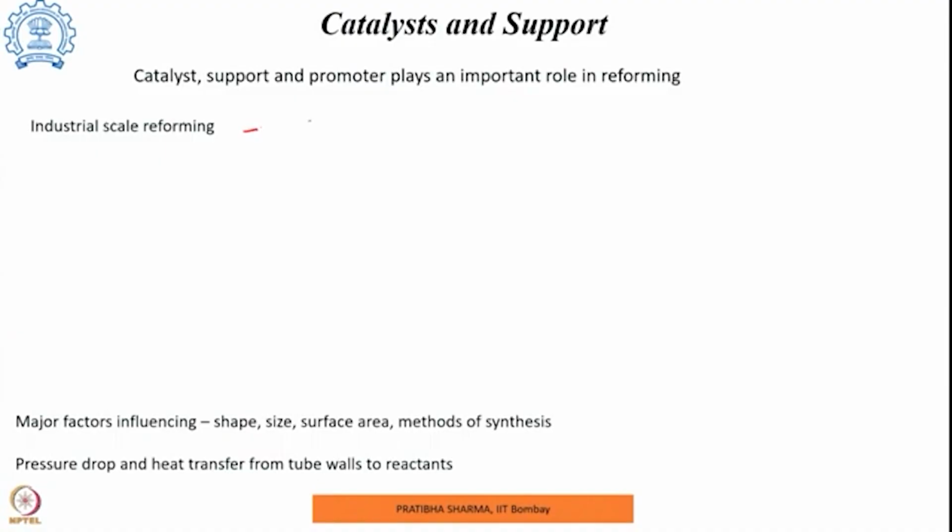Now, let us come back to steam methane reforming. We know that the catalyst plays a dominant role. It is not only the catalyst alone, but the support and the promoter also play a dominating role. When we talk about industrial scale hydrogen production using steam methane reforming, primarily the catalyst being used is nickel.